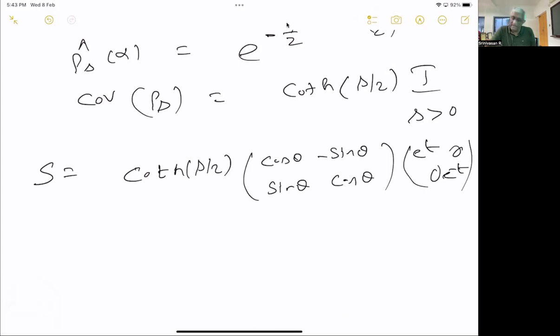I don't see why e^t is needed, but λ should be positive, so that's why e^t.